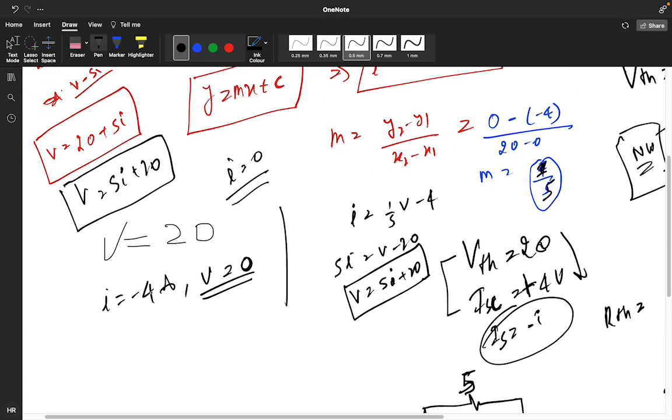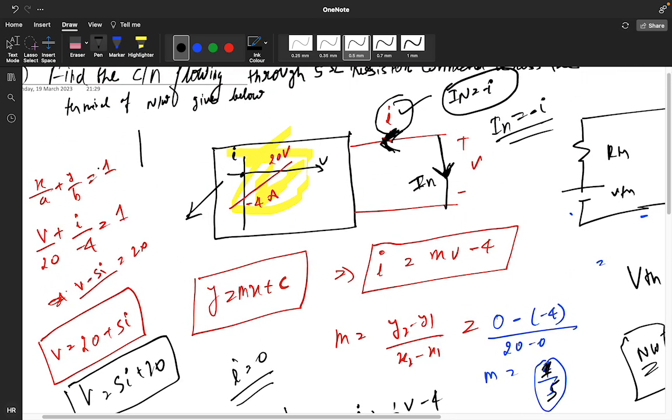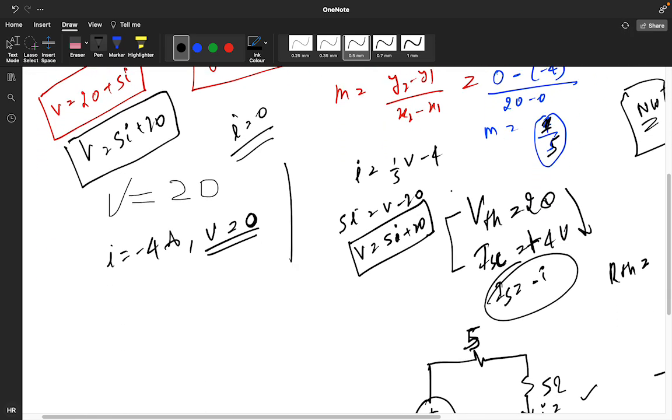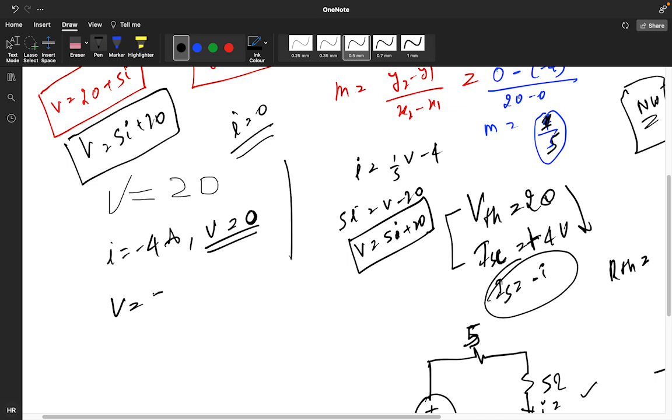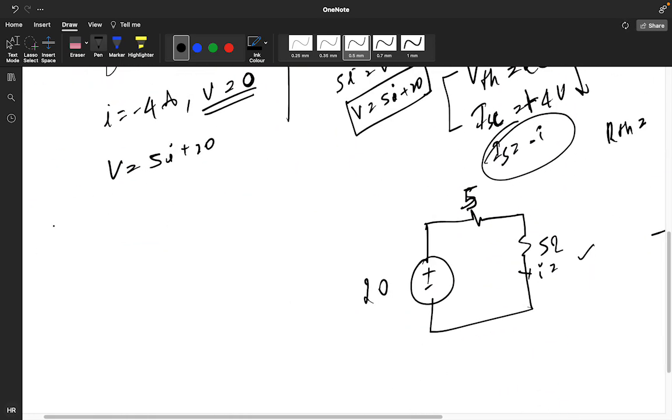Now replace this V, this particular V will be this. So now you have V is equal to 5I plus 20. Now you need to find the VOC. VOC will always be equal to the Thevenin voltage across the points. So for VOC, your I is 0, and the VOC value you are getting is 20.